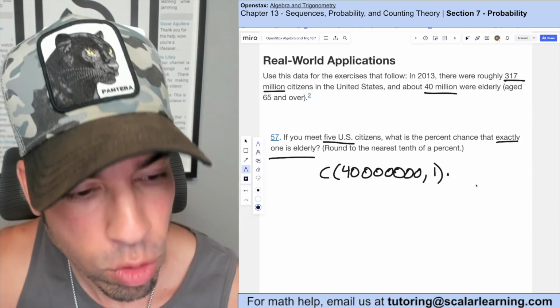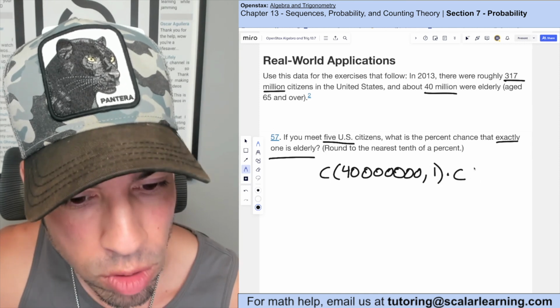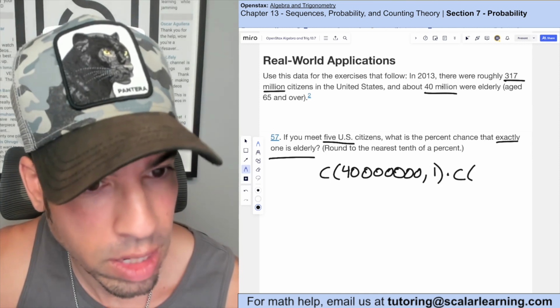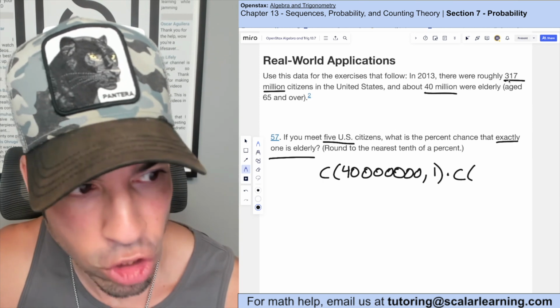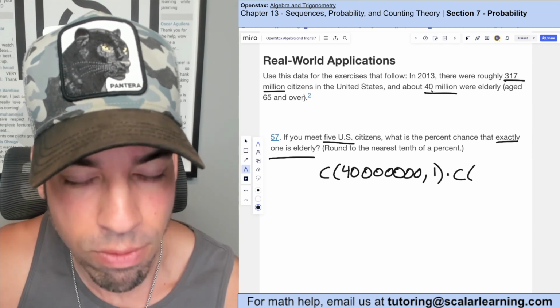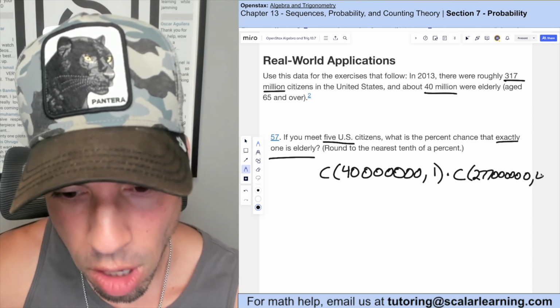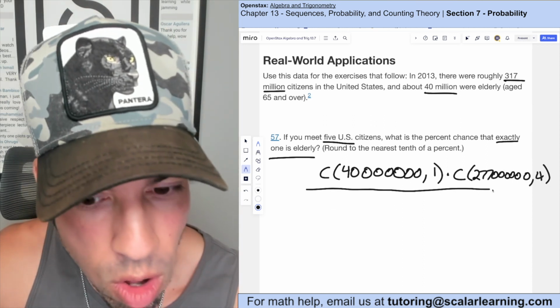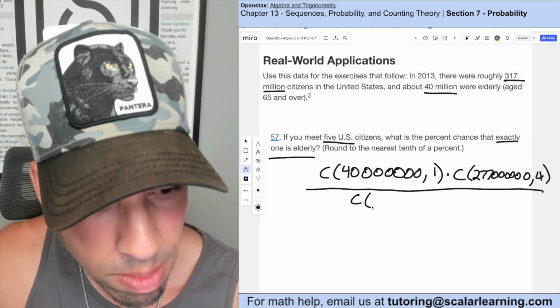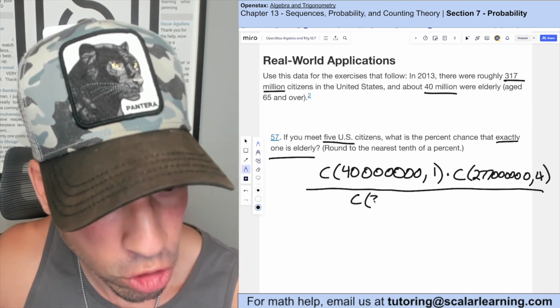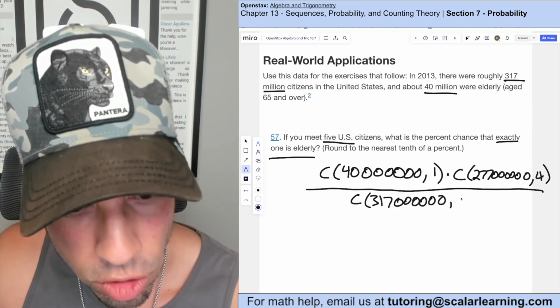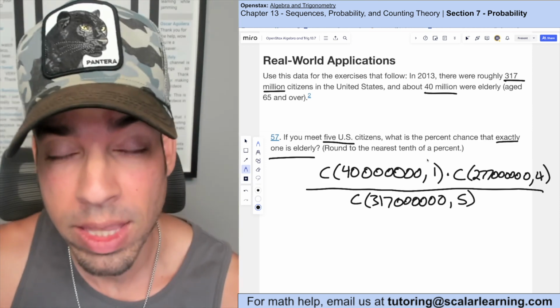And then for the remaining 4, we're going to do a combination out of the total population that is not elderly, which is 317 million removing that 40, so 277 million. We're going to choose our remaining 4. And this is all going to be over the total combination of the total population, which is 317 million, choosing 5 total. So let's evaluate that in Desmos now.